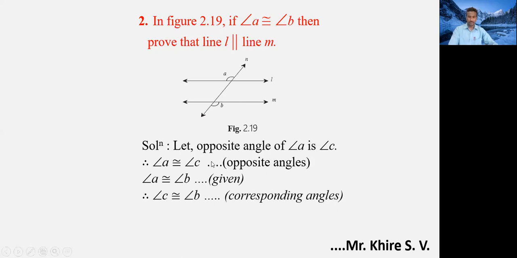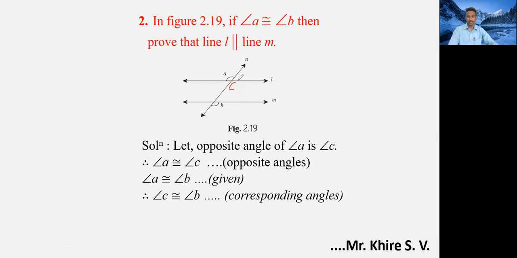If A is congruent to C and A is congruent to B also, it means angle C is congruent to angle B. Therefore, these two are corresponding angles. Suppose angle C is here.